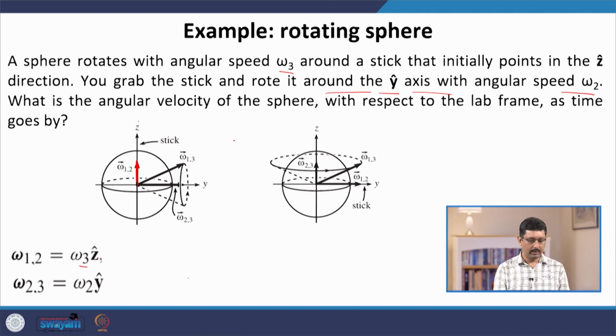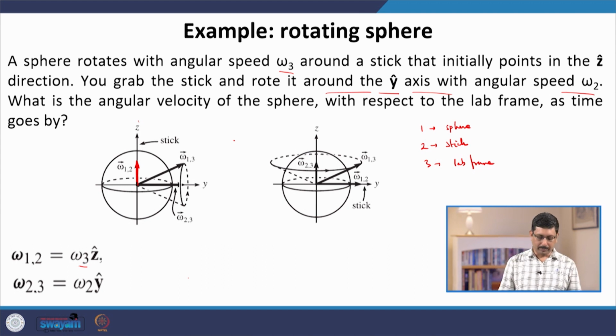So, w3 is the angular velocity of the sphere with respect to the stick, and omega 2, which is shown here, is the rotation of the stick about the y axis. So, that direction is along the y axis, which is the axis of rotation.